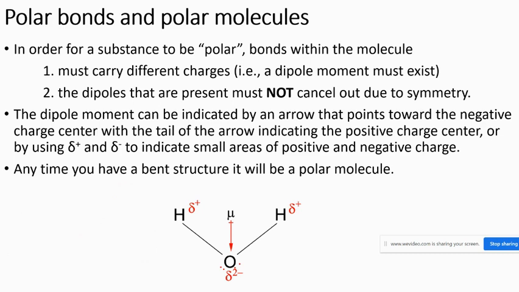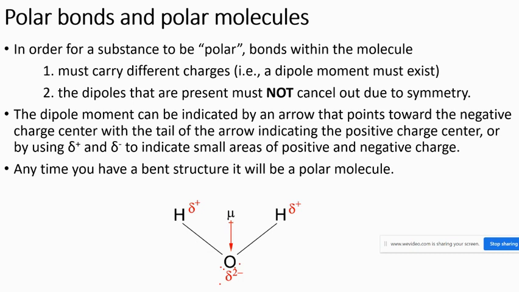It means partial charge, to show the positive end of that molecule and the negative end of the molecule. Or you can use one of these arrows where the arrow points to the negative end, and then you make the other end a positive symbol here. See how they did that with the slash through it? That end of the molecule then is positive. That makes sense how they denote that?